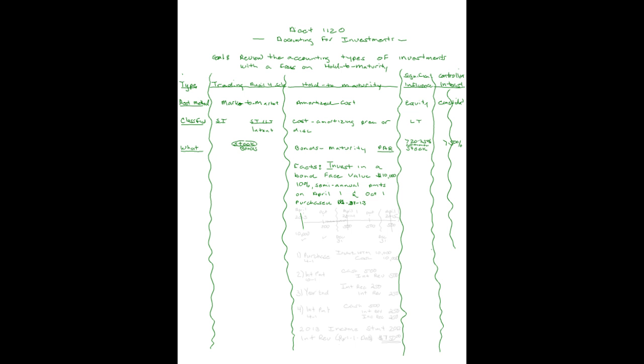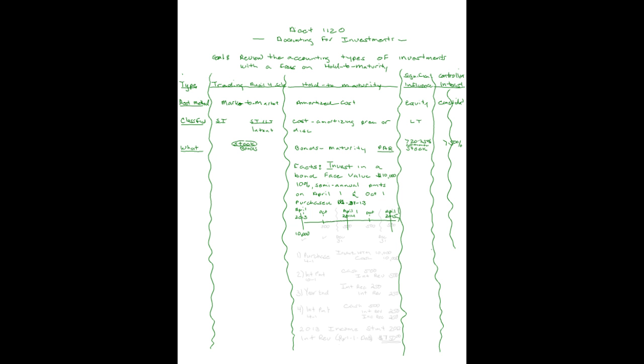Let's do a little cash flow analysis of this bond. So we buy this bond on April 1st, 2013, and it's going to pay interest on October 1st, and then on April 1st, and then on October 1st, and then on April 1st throughout the life of the bond.